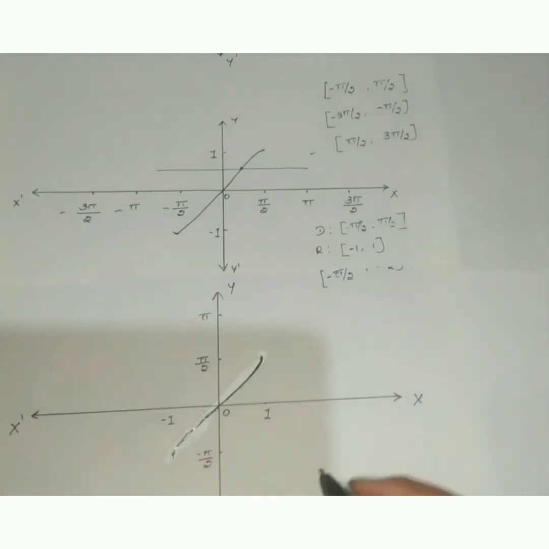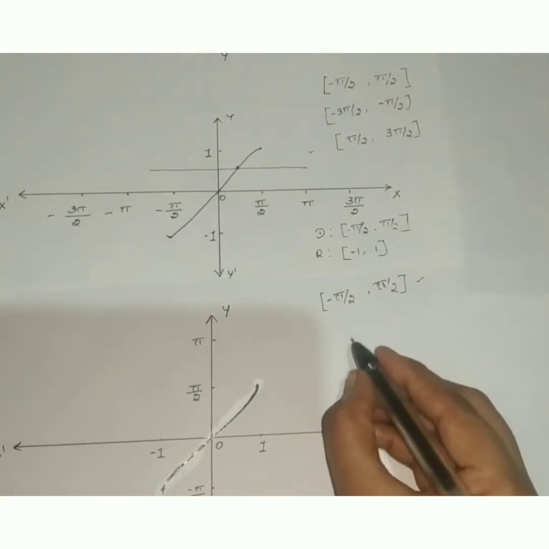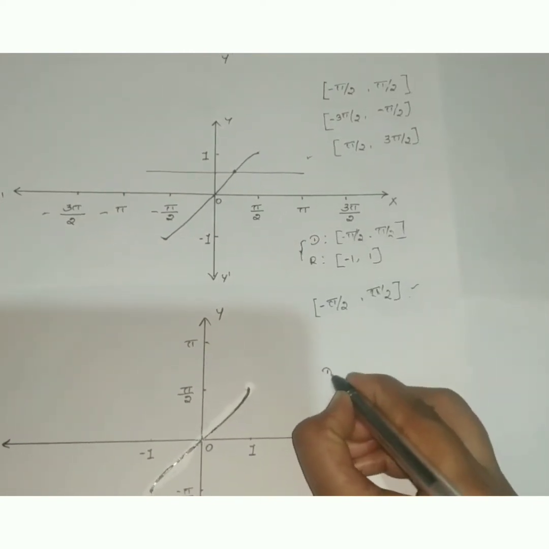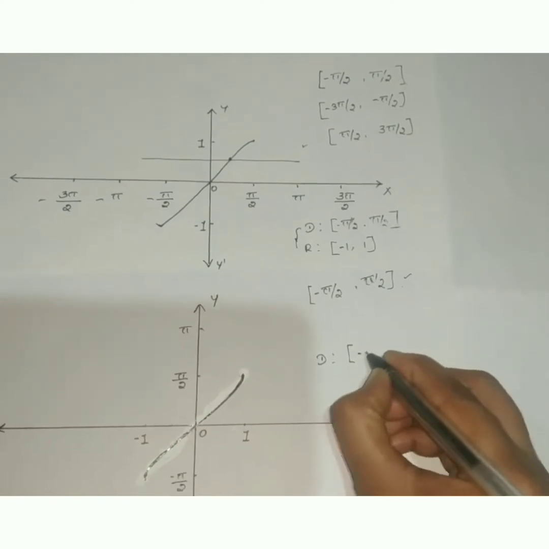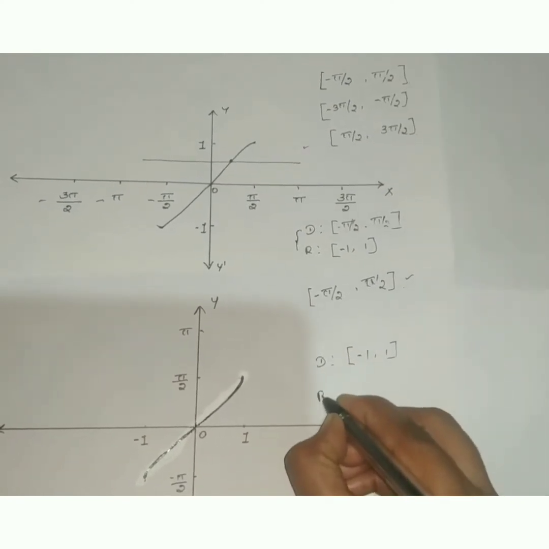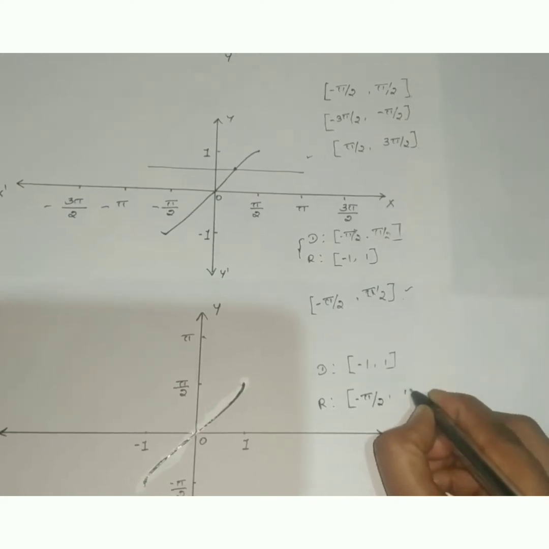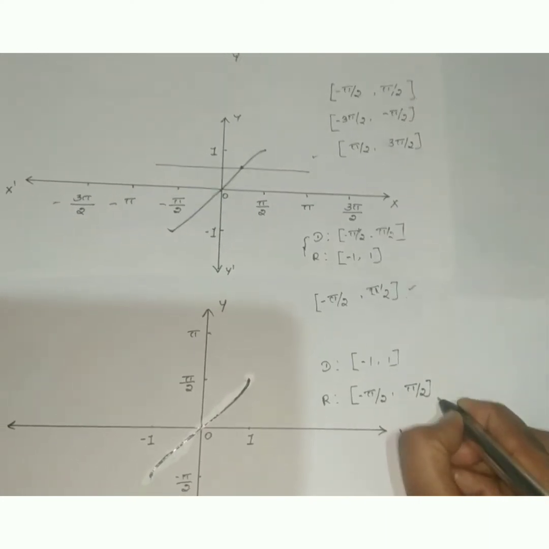In inverse trigonometry, we change the domain and range value. So domain value is a closed interval minus 1 to 1 and the range value is a closed interval minus pi by 2 to pi by 2.